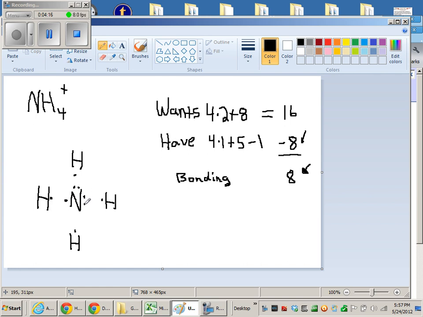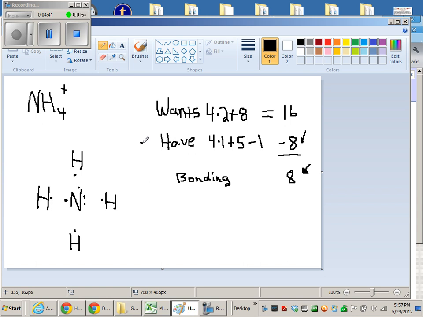But then I'm going to remove a valence electron because there's a plus charge. So I basically turn this nitrogen into nitrogen plus. Just to make sure I haven't done anything weird, let's count the valence electrons. I count 1, 2, 3, 4, 5, 6, 7, 8 total so far, which is what we start with.